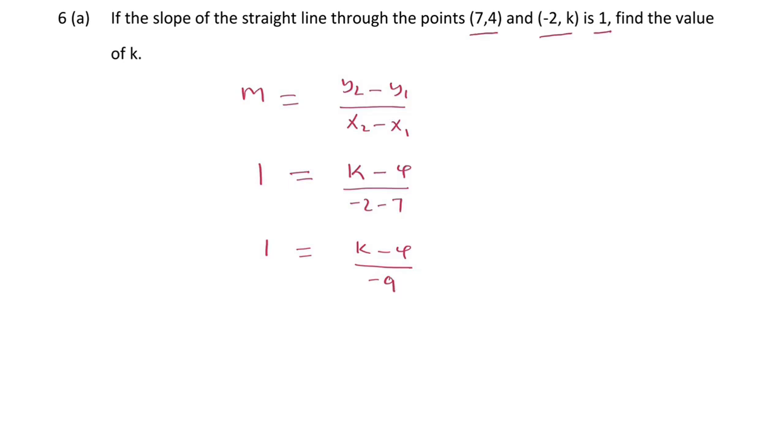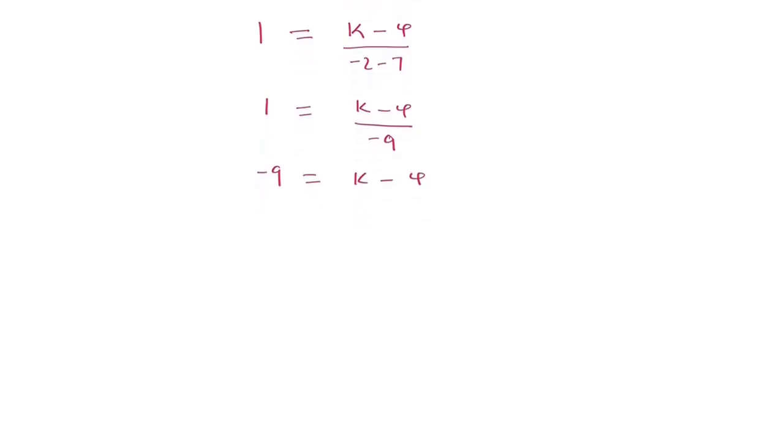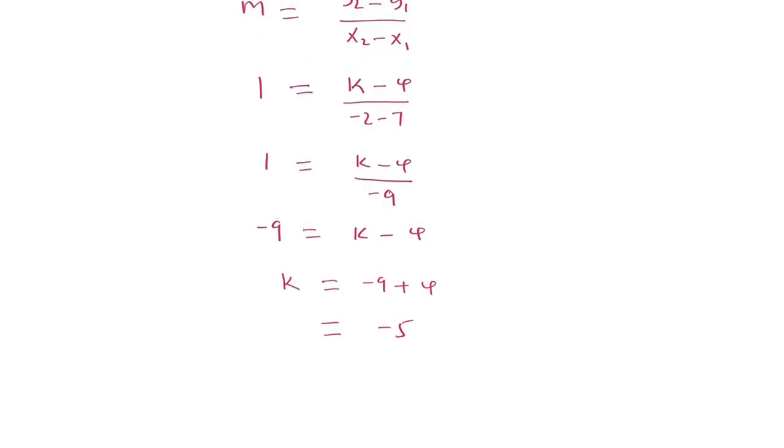Okay, so now let us multiply both sides by negative 9. Then our equation is going to be negative 9 equals to k minus 4. So next we are going to collect the constant terms. Then our equation is going to be k equals to -9 plus 4, of which this becomes -5, and this is the value of k requested.